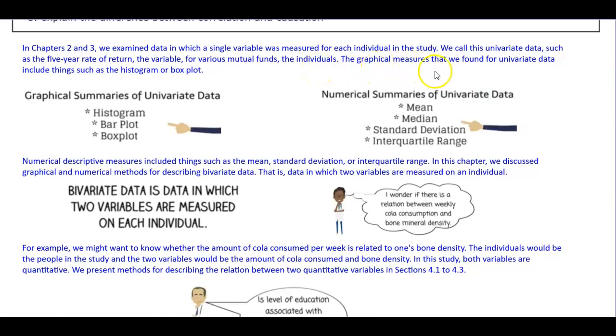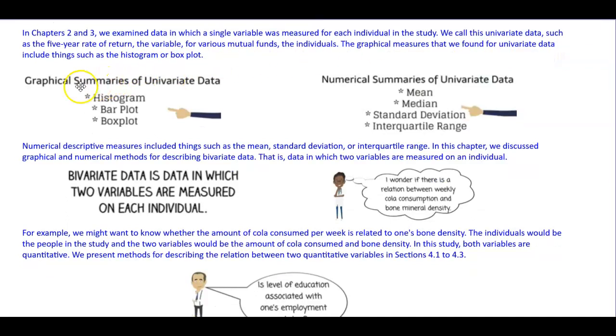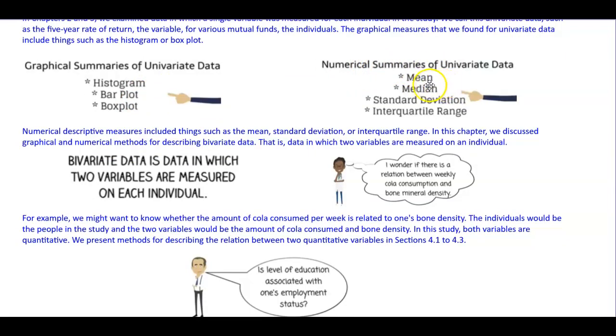The graphical summaries of univariate data are histogram, bar plot, and box plot. Numerical summaries of univariate data include the mean, the standard deviation, or the interquartile range.